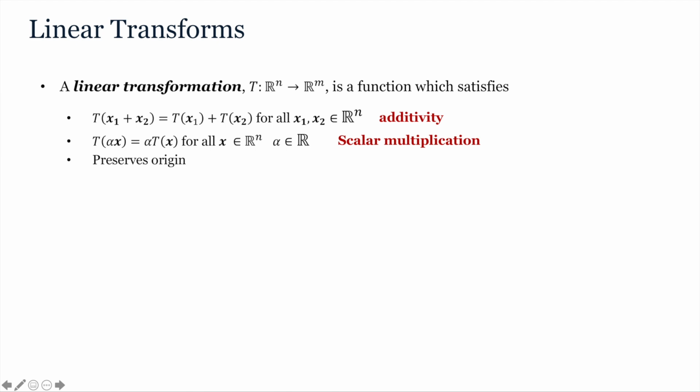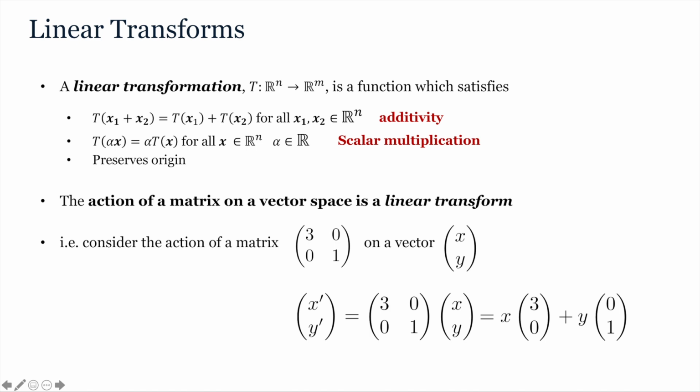In practical terms, however, what we really need to know is that the action of a matrix on a vector is a linear transform. For example, if we consider this 2 by 2 matrix with a 3 and a 1 on the diagonal, it acts on a vector x y by transforming that data point to a new vector x prime y prime, where x prime equals 3 times x plus 0 times y, and y prime equals 0 times x plus 1 times y.